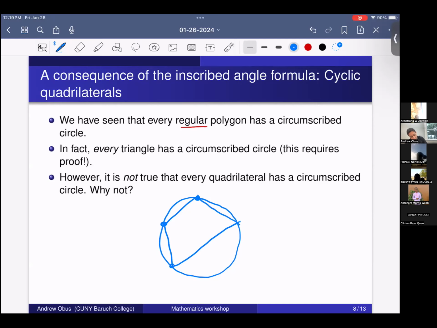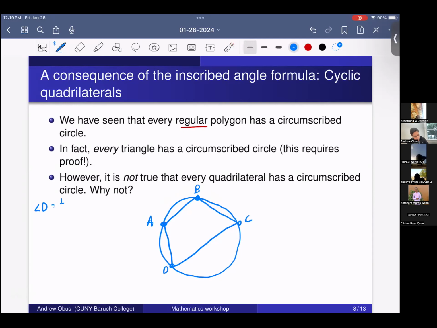So if I have something like this, let me label these points A, B, C, D. So what we have here, if I have a quadrilateral like this, well, angle D in this case is an inscribed angle. So it's equal to 1/2 arc ABC, right?